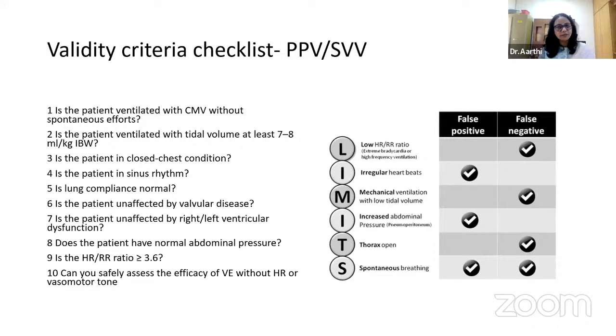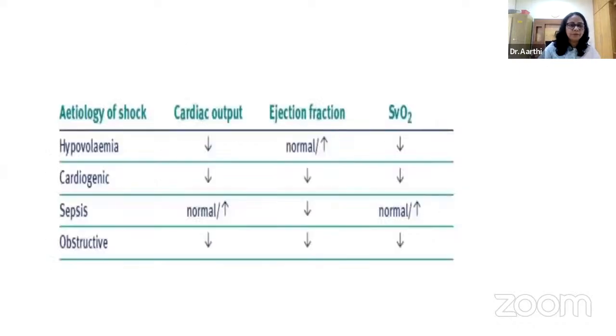In laparoscopic surgeries, increased intrathoracic pressure might give false positive values when assessing the pulse pressure variation. And when there are open chest injuries or the patient is spontaneously breathing, the pulse pressure variation and stroke volume variation might not predict the cardiac output.